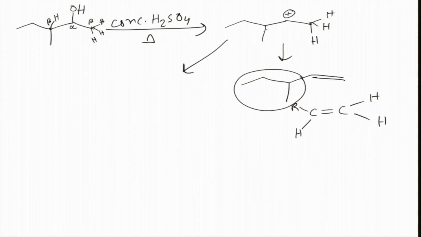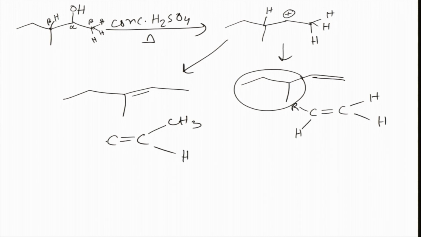Now, if this hydrogen is taken up by HSO4 minus, then this alkene will be formed. Now, this alkene is like this, CH3H and let us say R. Okay. So, this is one alkene and this is one alkene.